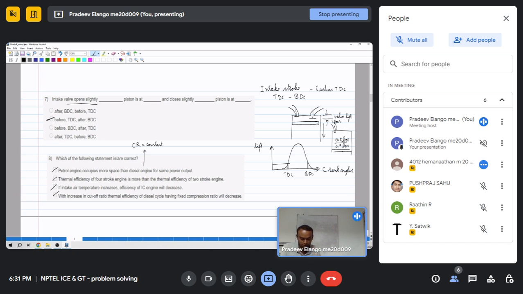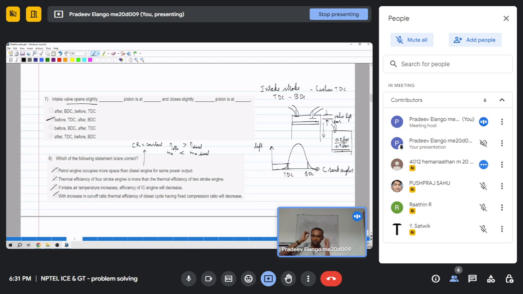Okay, so then for the same compression ratio, the efficiency of Otto cycle will be greater than the efficiency of the diesel cycle. So that means you need to burn less air in the Otto cycle. So m dot a can be lesser compared to m dot a in diesel.